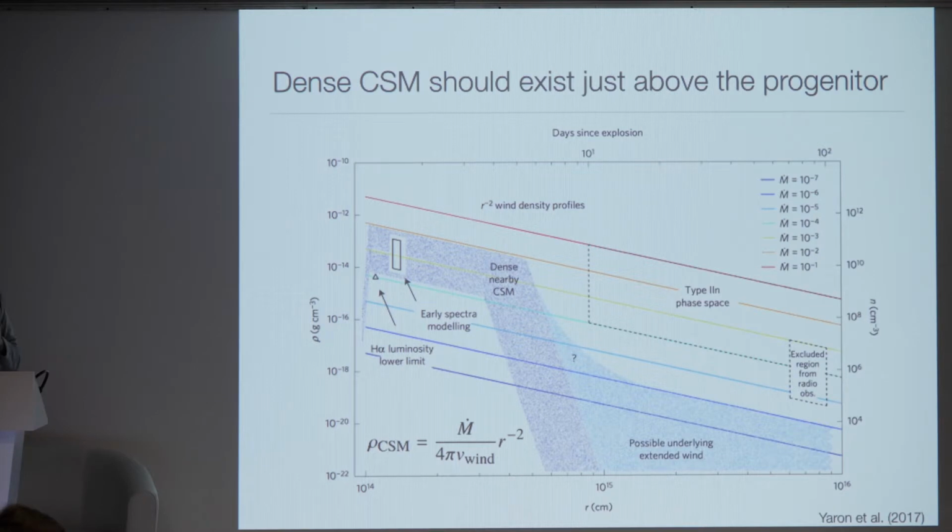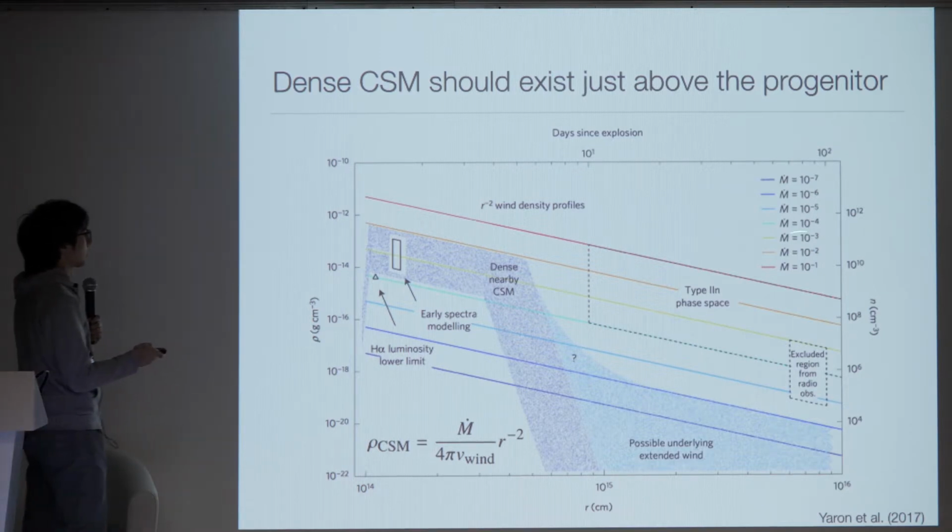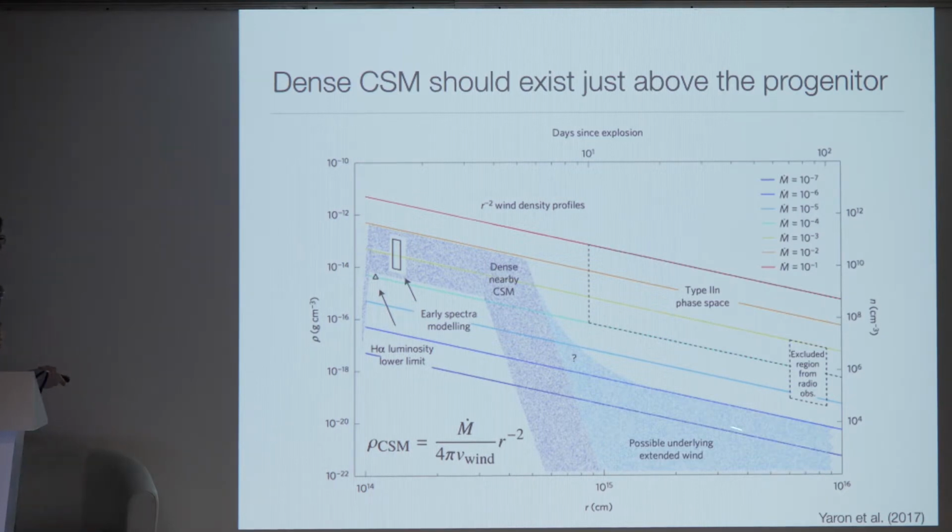But then after a while, they found this narrow component just disappeared, and this supernova became just a typical normal type 2 supernova. So that means this high density didn't continue for a long time. At some moment, the density became very low, and went down to the regime of normal supernovae, which should be like 10 to the minus 5 or 10 to the minus 6 solar mass per year.